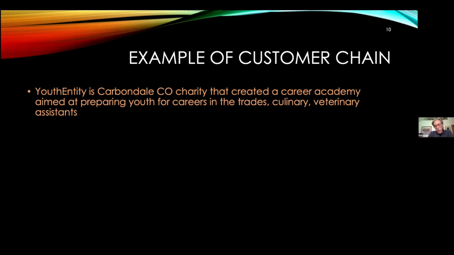But the CEO, or executive director, of Youth Entity created a career academy. And the idea was that a lot of students, and now it's becoming very popular to talk about this, a lot of students shouldn't necessarily go to college. College is not really going to prepare them for careers, and they're not really particularly interested in going to college.